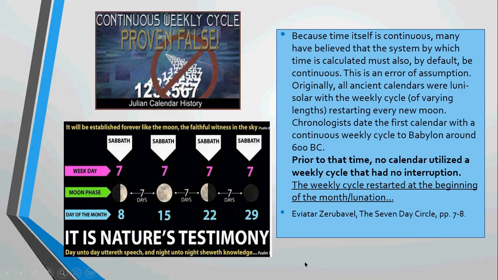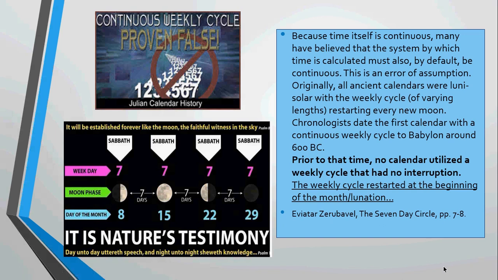Because time itself is continuous, many have believed that the system by which time is calculated must also, by default, be continuous. This is an error of assumption. Originally, all ancient calendars were luni-solar, with a weekly cycle of varying lengths, restarting every new moon.